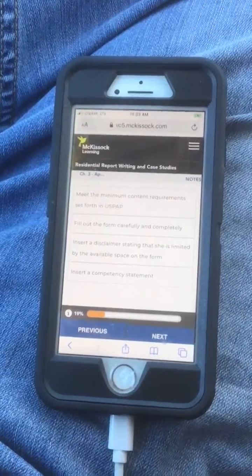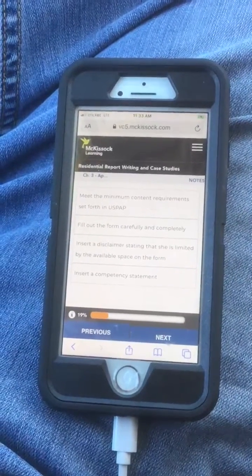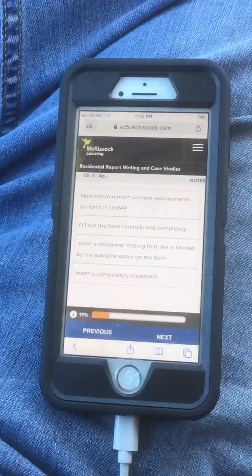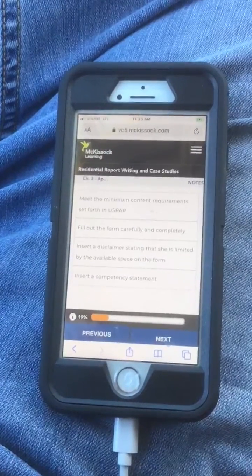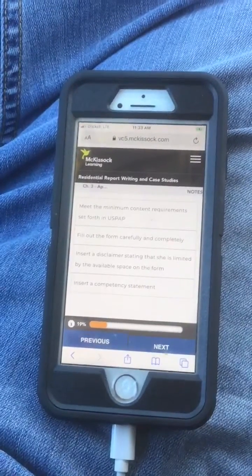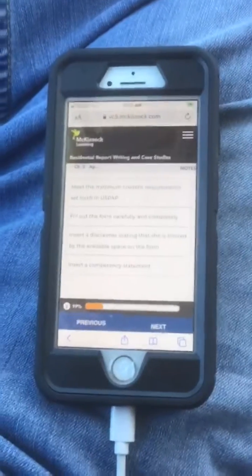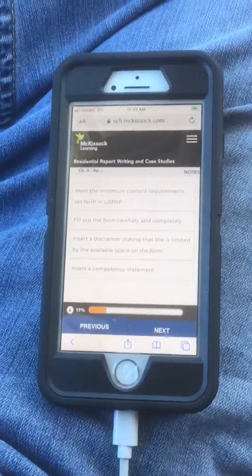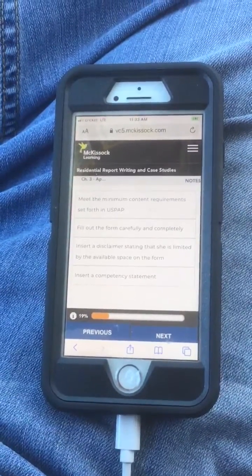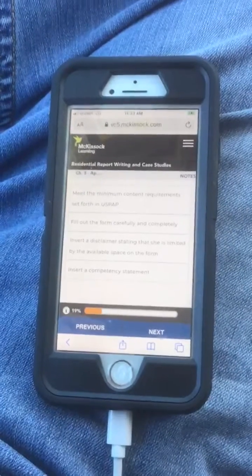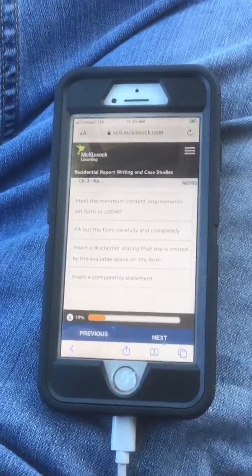A, meet the minimum content requirements set forth in USPAP. B, fill out the form carefully and completely. C, insert a disclaimer stating that she is limited by the available space on the form. Or D, insert a competency statement.